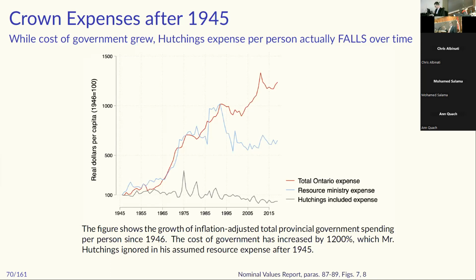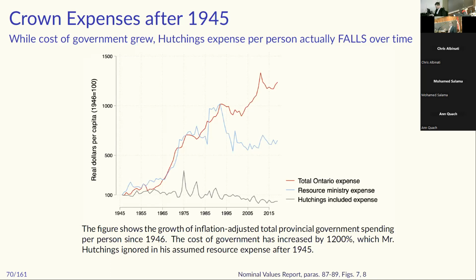But again, here I've adjusted his nominal data for inflation, and I've divided by population, just to put them on the same scale as these other 2 figures showing the general rise in government costs. So in these inflation adjusted per capita terms, Mr. Hutchings' included expenses are not rising in the same way that general government is. Indeed, they're actually trending downward over time.